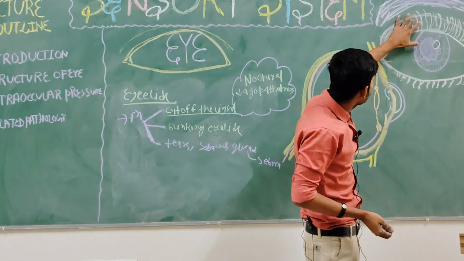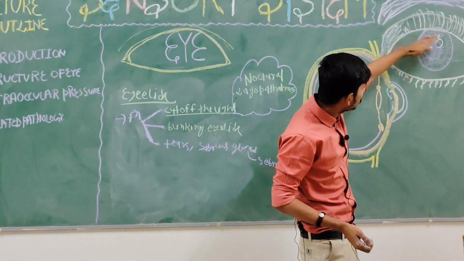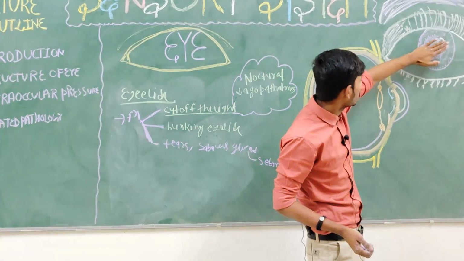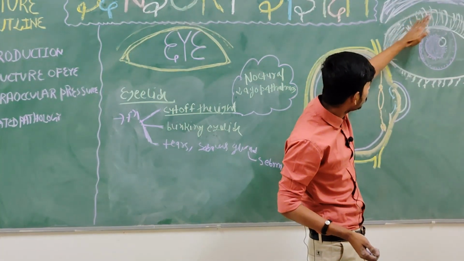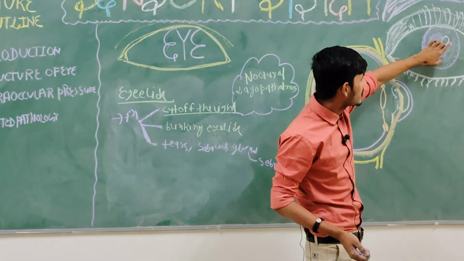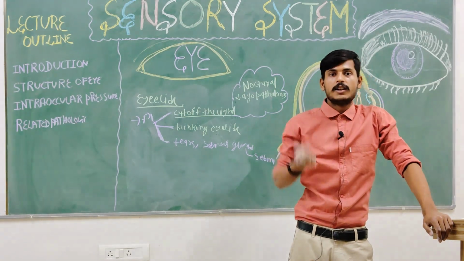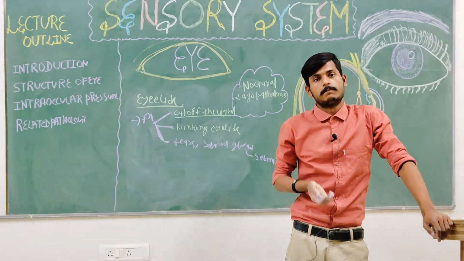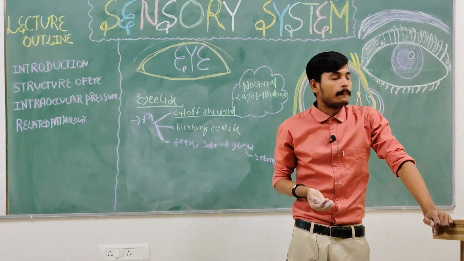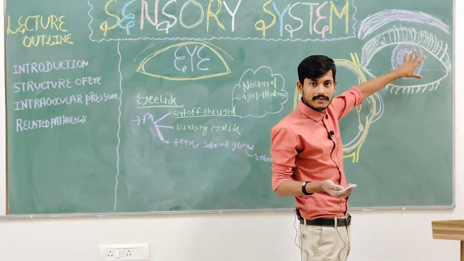Because if during sleep these shutters, that's basically your eyelids, do not cut off the light, or we can say do not close, then this part which is sensitive in the eye is exposed throughout the night to the external environment.